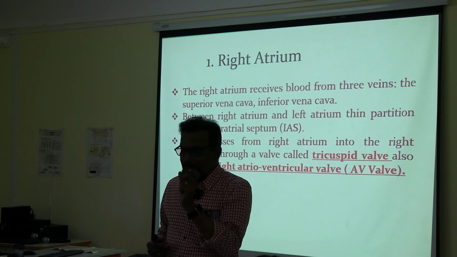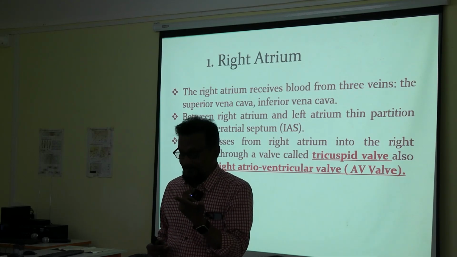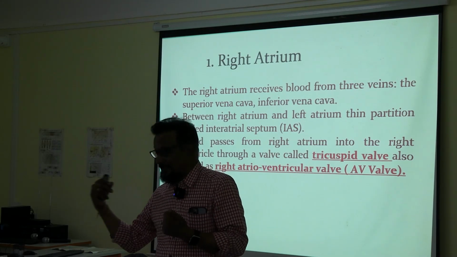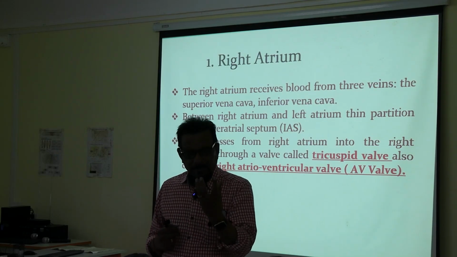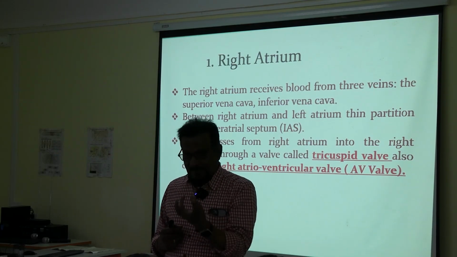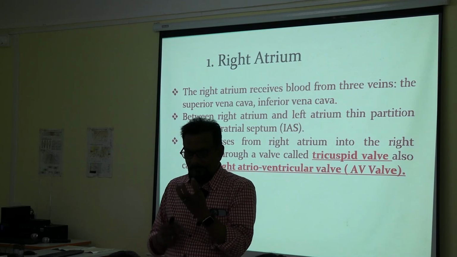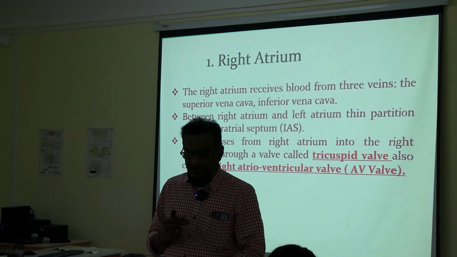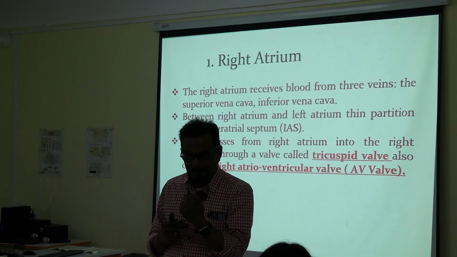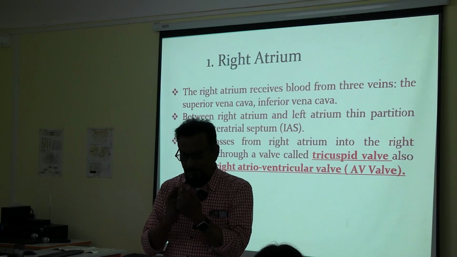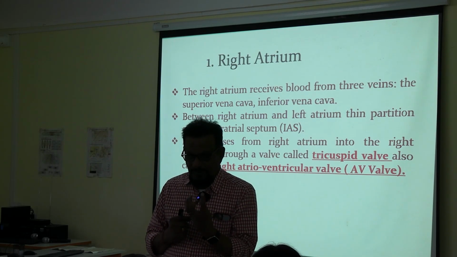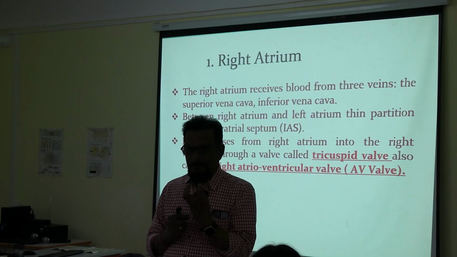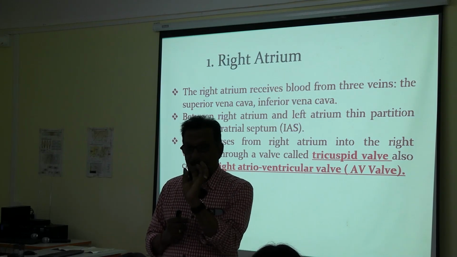One is named tricuspid, another is named bicuspid. The opening of the right atrium to the right ventricle has a valve, and this valve is the tricuspid valve.